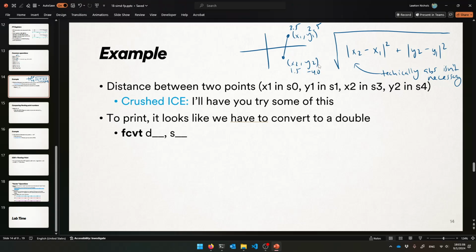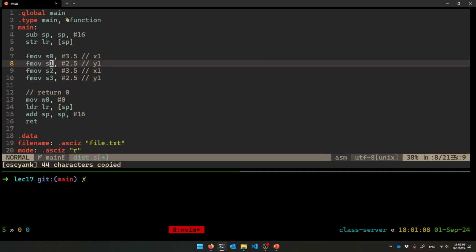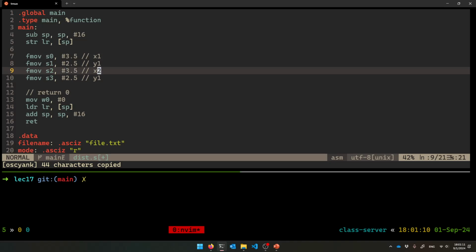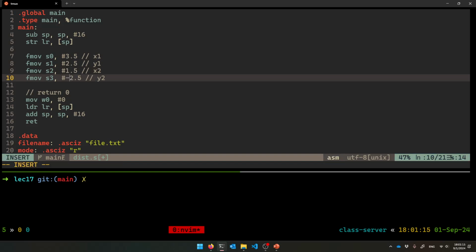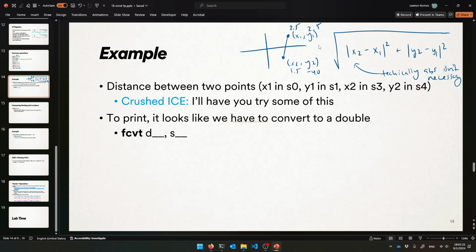That'll be 1.5 and negative 4.0, and this is going to be x2 and y2. That should be fine.